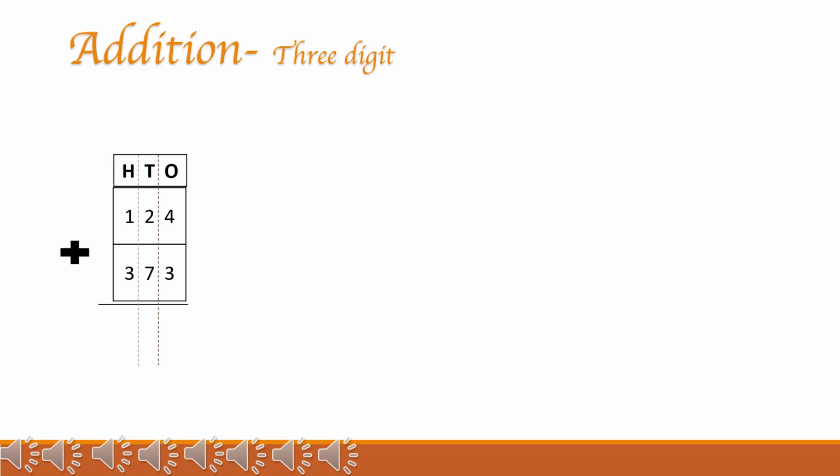Now, since we have aligned digits of the numbers as per their place value, we start addition from ones place, right? And keep moving towards the left place values. So let's start with ones place. At ones place, we have 4 and 3. So we will add 4 and 3 first.